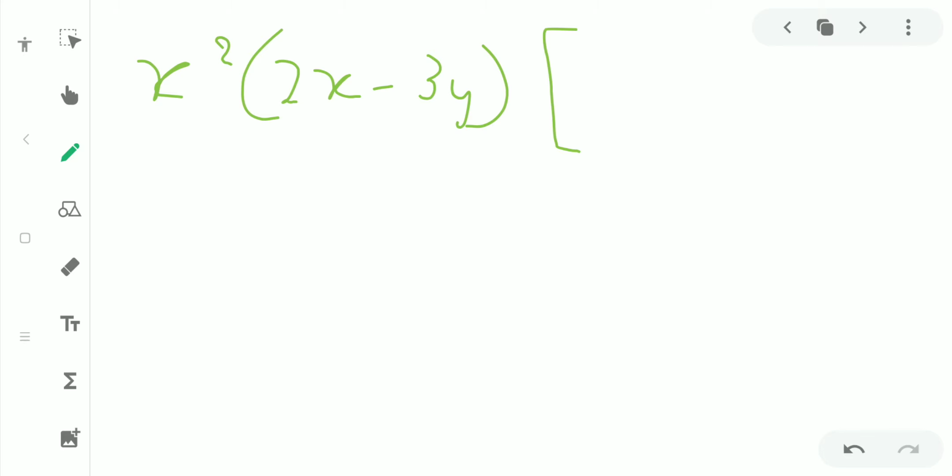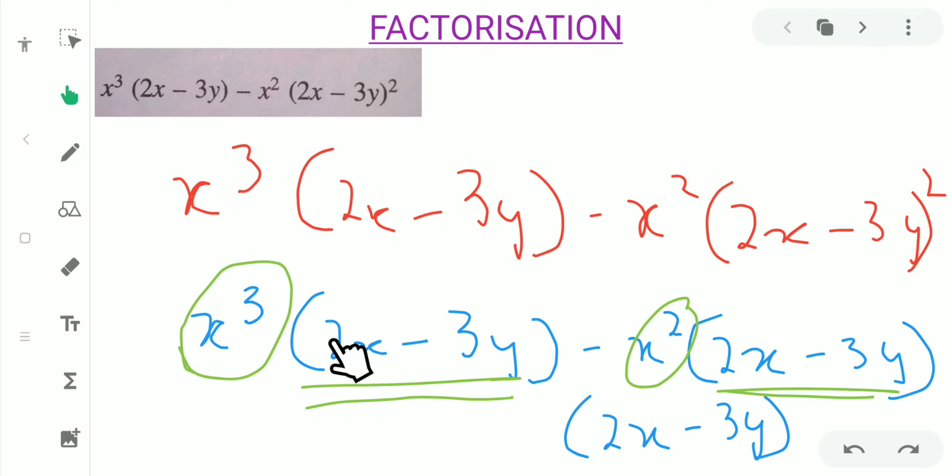Here we took x square outside, so nothing remains except 1.